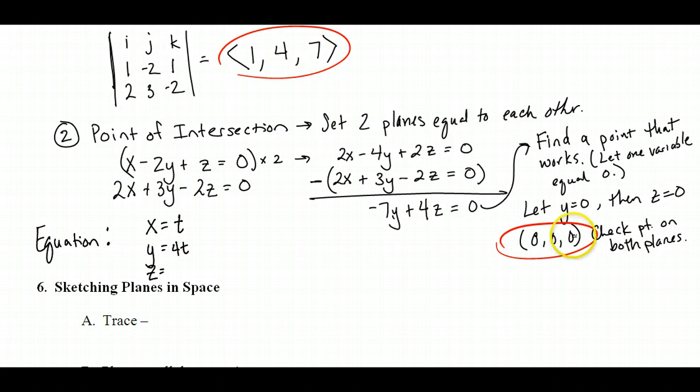And z is going to equal 0 plus 7t. So here is our parametric equation for our line, and this is that line of intersection between two planes. For this particular one, we could come up with the symmetric equation as well because we do have t, but most of the time we're just going to write it as a parametric equation.